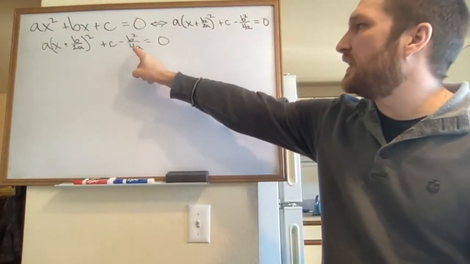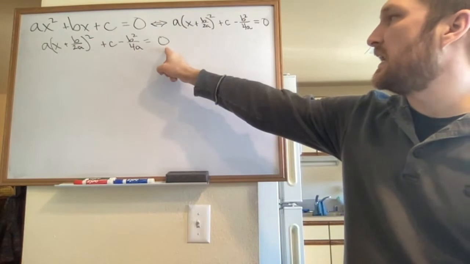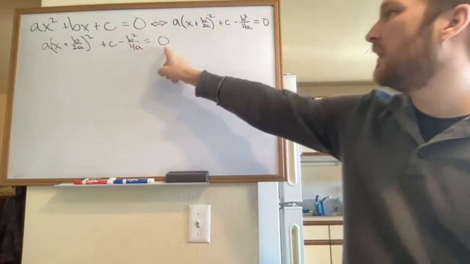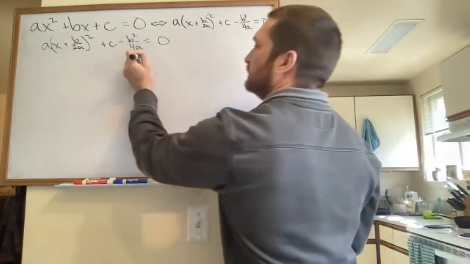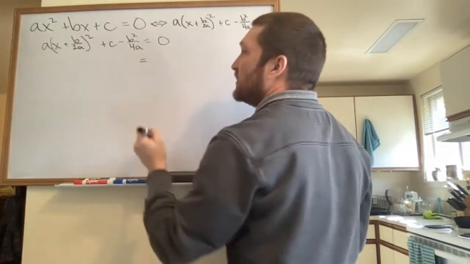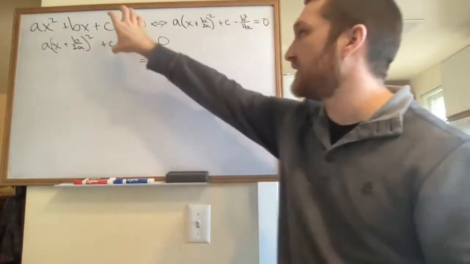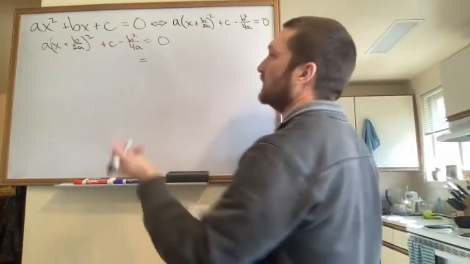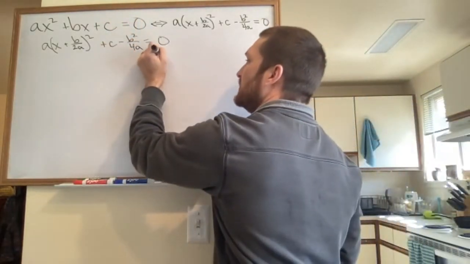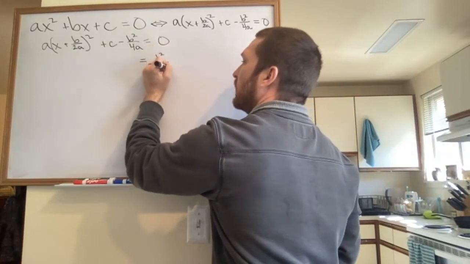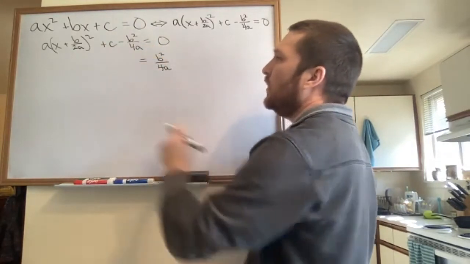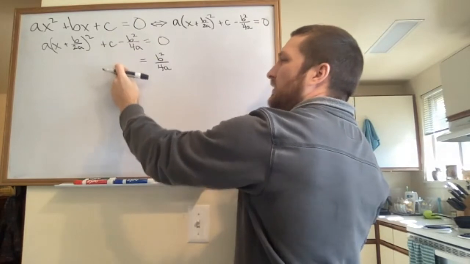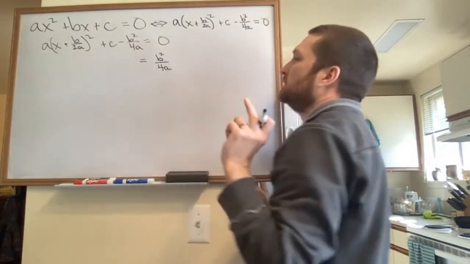Let's take this over to this side by adding it over here. In fact, this is much like the homework that you just had. We're just going to take this number, subtract it over. It's going to look a little different. We should have a b squared over 4a. What about that c? When I bring the c over, what?